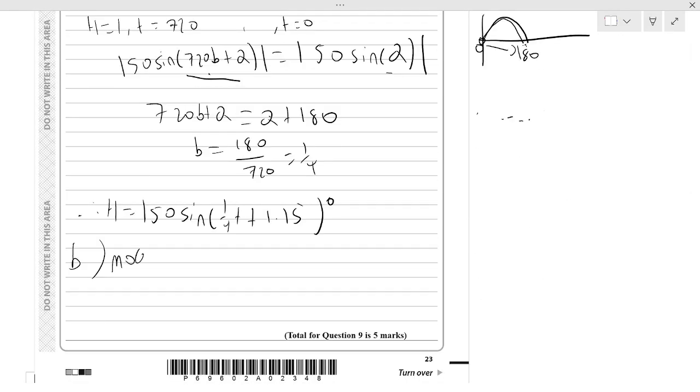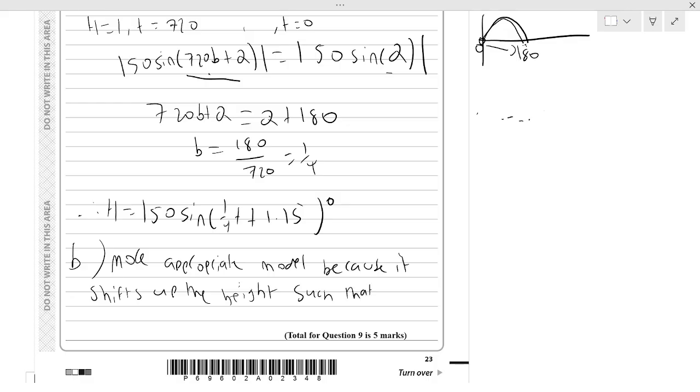It shifts up the height, because that's what it's doing. You shift it up by d units, such that the wheel does not reach the ground.